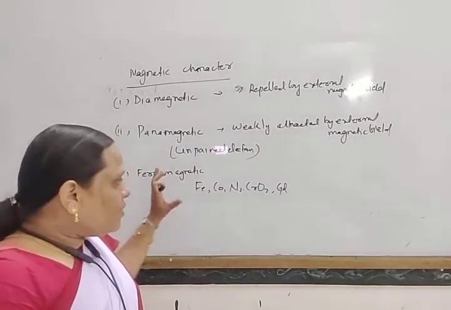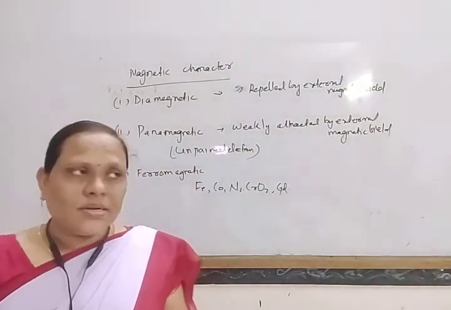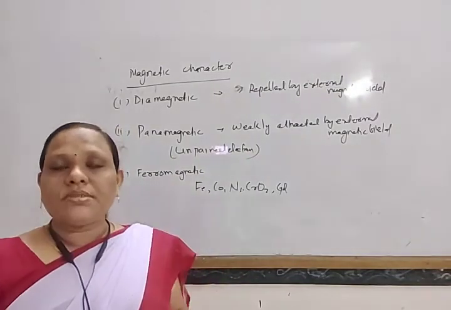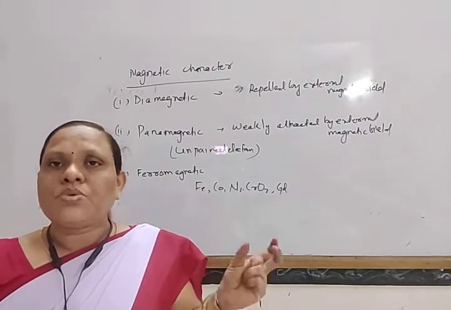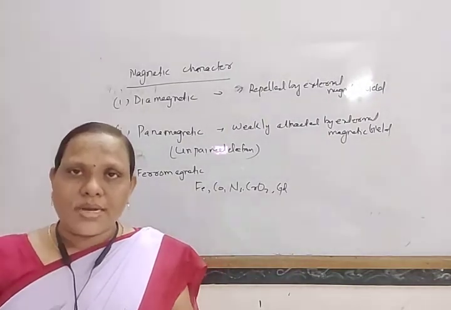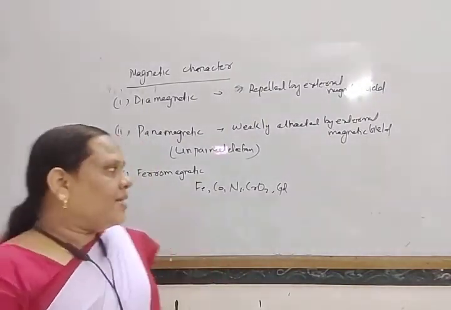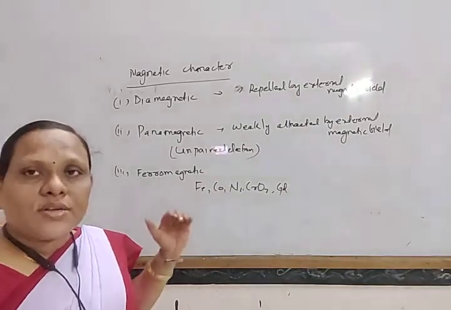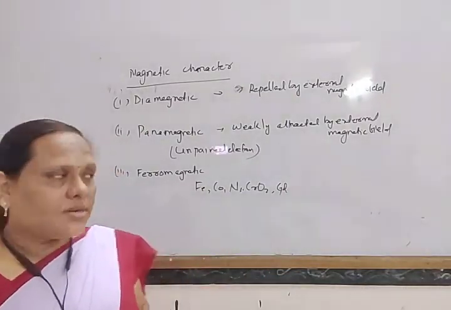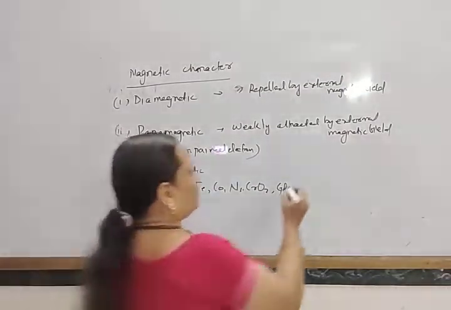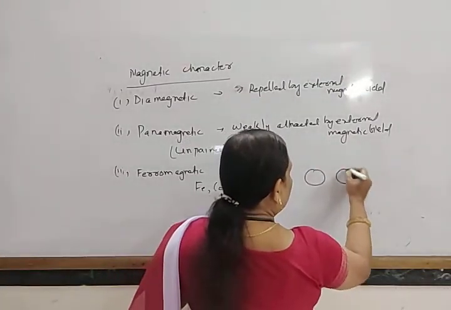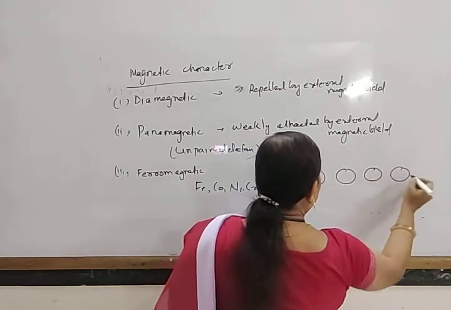When we consider a group of atoms, the resultant magnetic field of a group of atoms is called a domain. If the domains are arranged such that all the domains are parallel to each other, then that creates a ferromagnetic substance. So this is the magnetic field of domains.